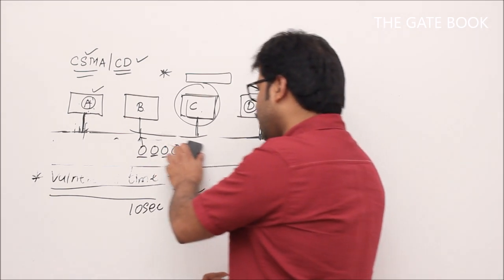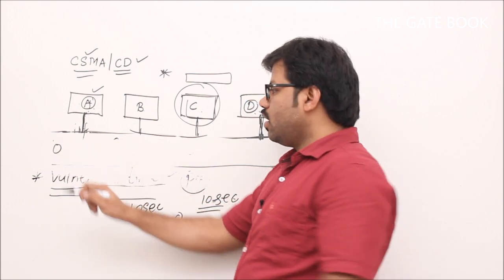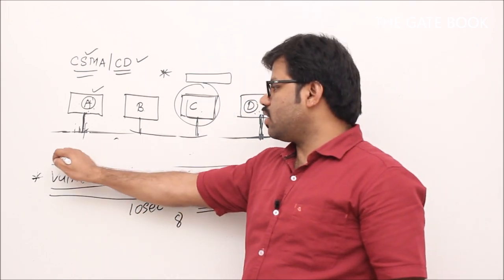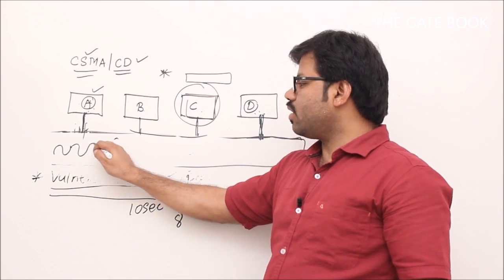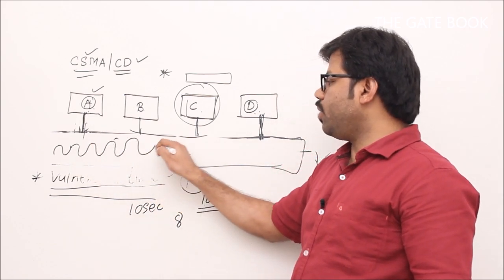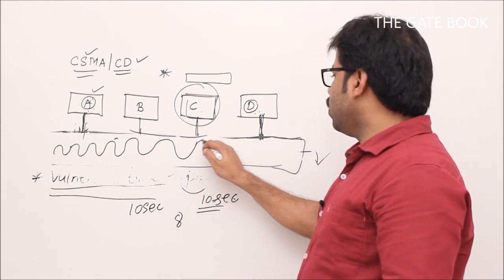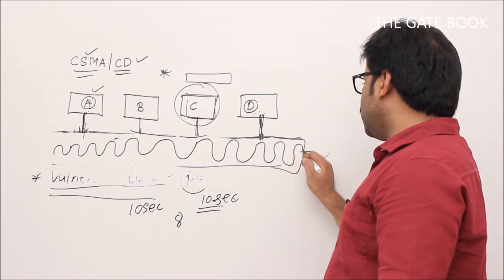After 5 seconds 0 will reach here, correct? It is easy for us to understand in terms of signals. If the first signal comes here, the second bit will be here, third bit here, fourth bit here, fifth bit here. Understand? Now this side also: first bit, fifth bit, fourth bit, third bit, second bit, 0th bit.